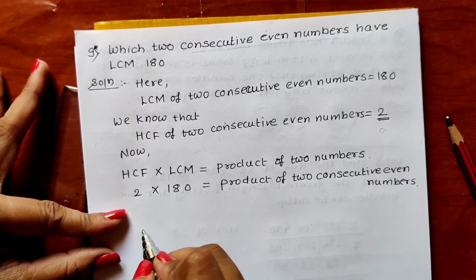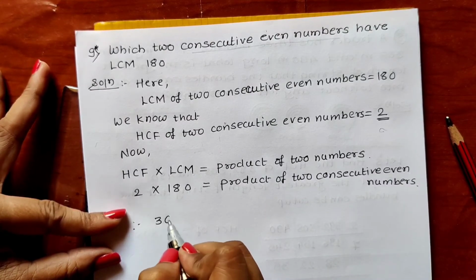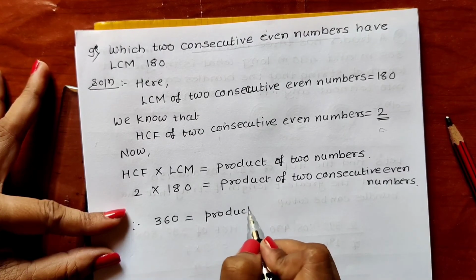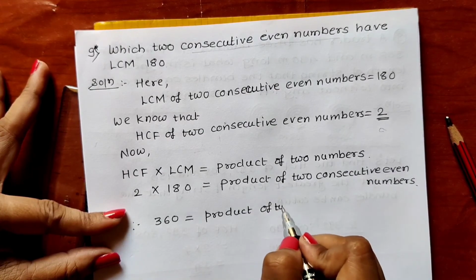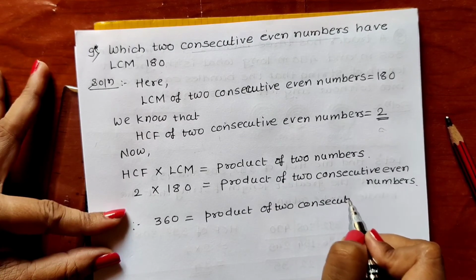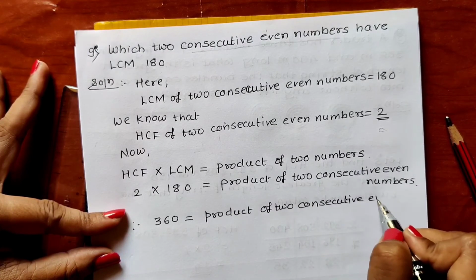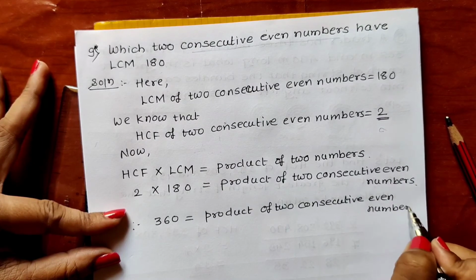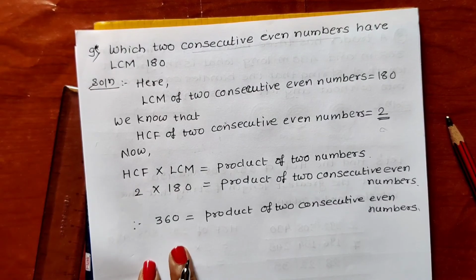So 2 into 180 is 360, is equal to the product of two consecutive even numbers.